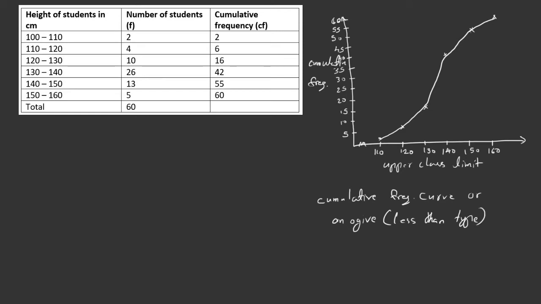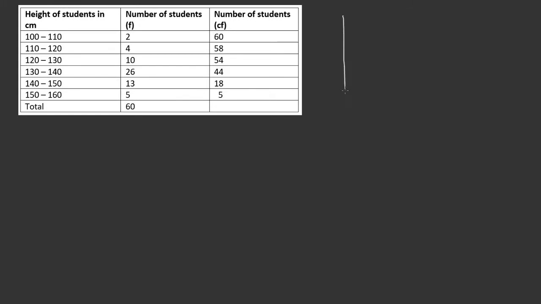For cumulative frequency curve or an ogive for more than type, we are going to consider the same data with a more than type cumulative frequency. In this case, we are plotting lower limits in the x-axis and corresponding cumulative frequencies in the y-axis.